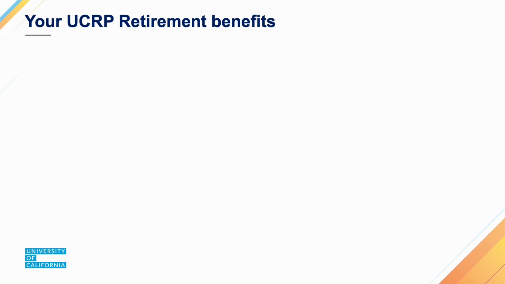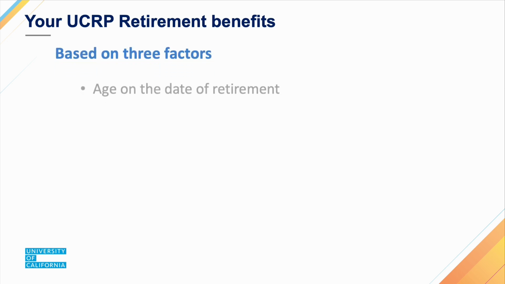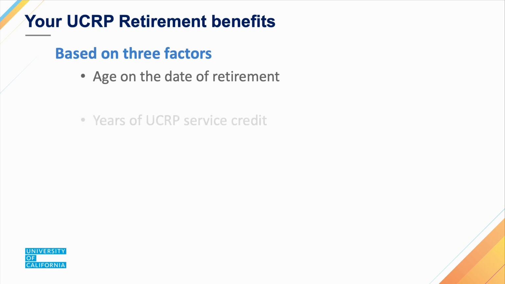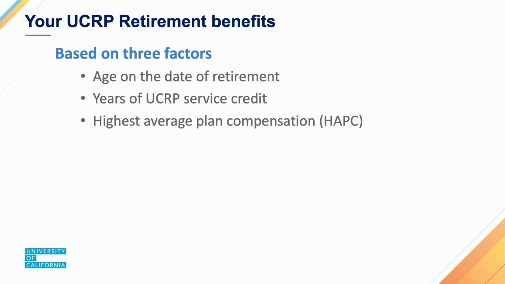Now, despite variations in tiers, the basic formula for calculating your basic retirement income benefit from UCRP is the same. There are three factors that are used, that are based on your age at retirement, your years of UCRP service credit, and your highest average plan compensation, or HAPC.